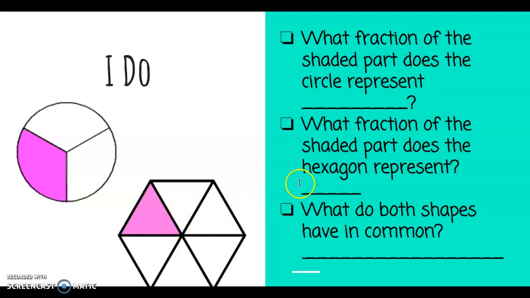My fraction is 1/6. 1 line and then 6. Next, what do both shapes have in common? Right away I can look at both shapes and I can see that they both have 1 section shaded in.